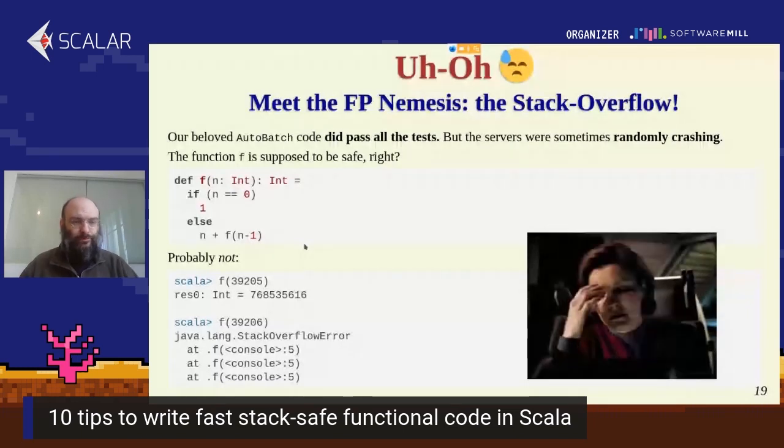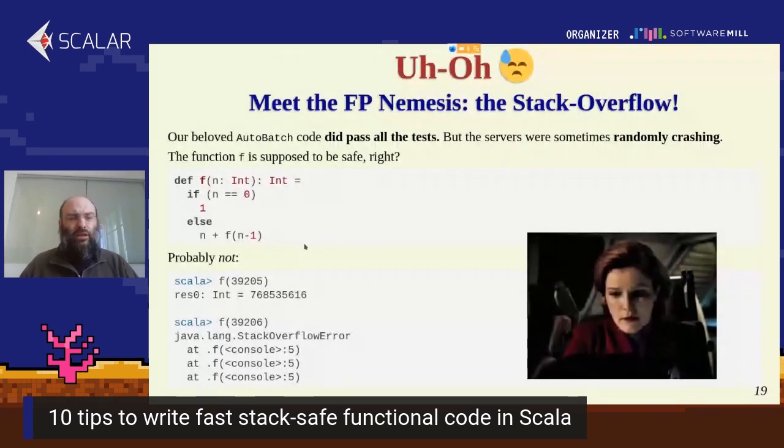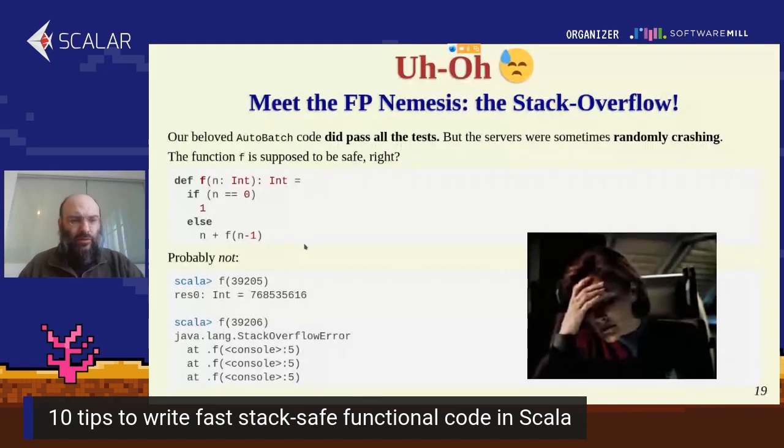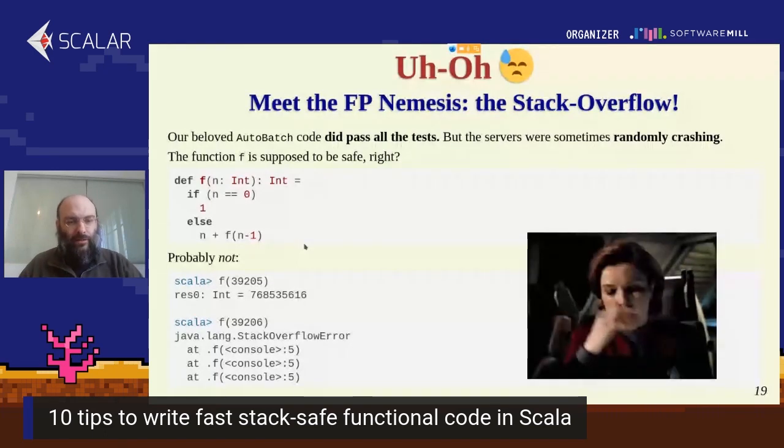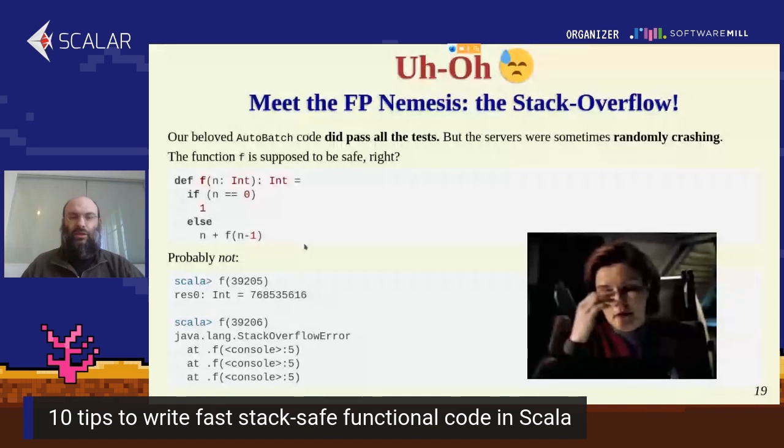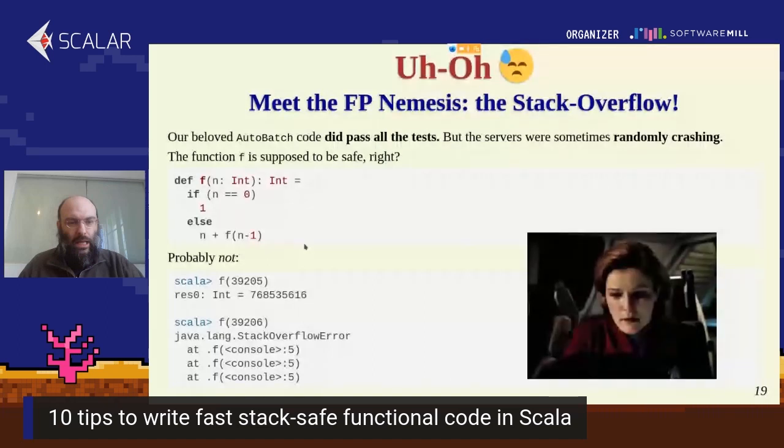So it returns n. If I call it on 39,205, then I have the result. It just functions correctly. I mean, who will test with a bigger number than that anyway? But if I test on just one more, then it's a Stack Overflow.